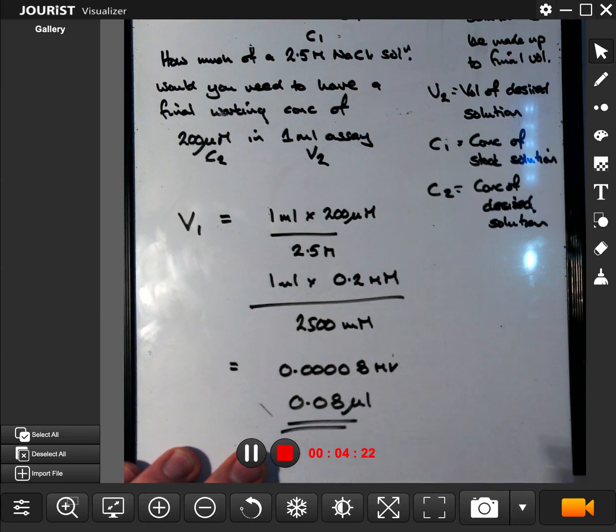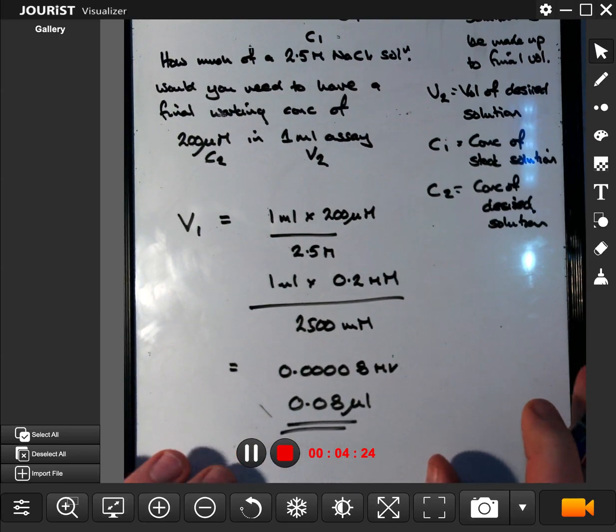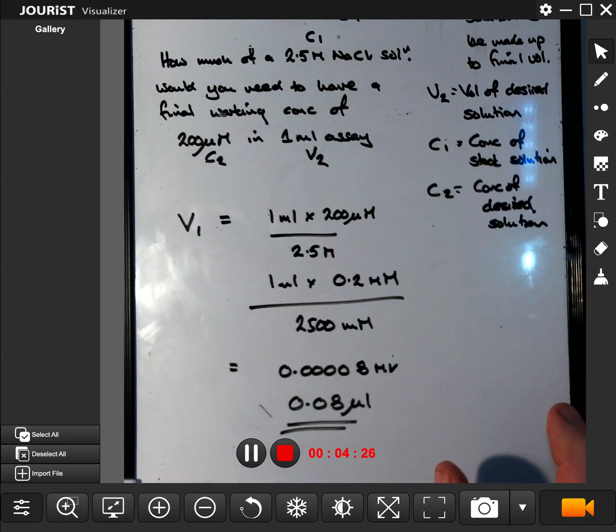Now, your experience of working with Gilsons will tell you that that's too small. We're not going to be able to pipette out 0.08 microliters into an Eppendorf and then make it up to 1 milliliter. That's not going to work. We're going to have to choose a different way of working here, because that's far too small a volume to work with.